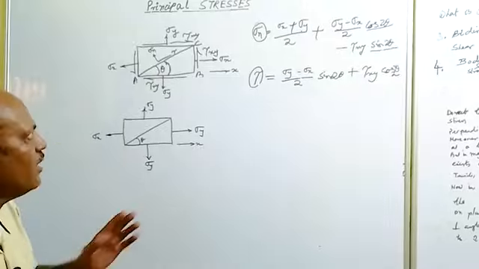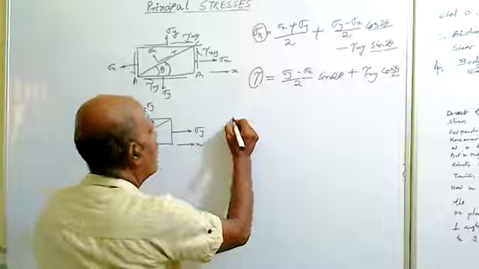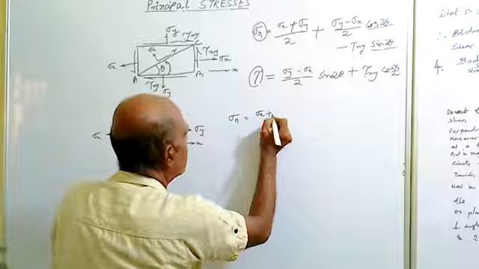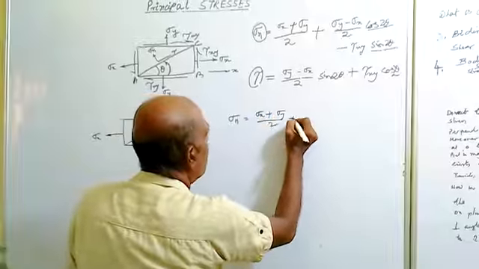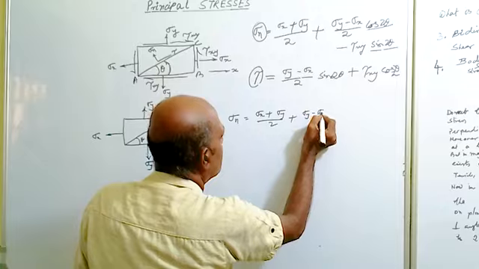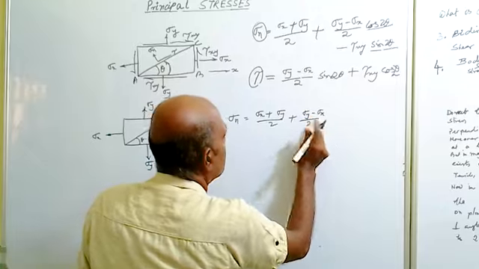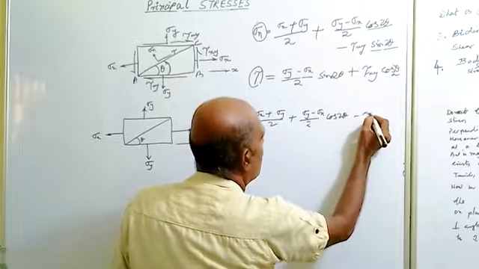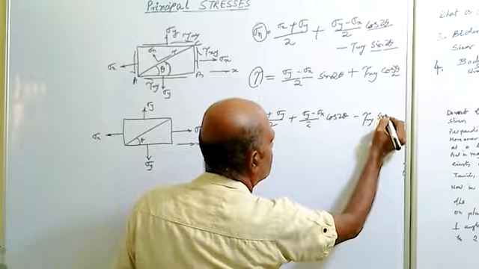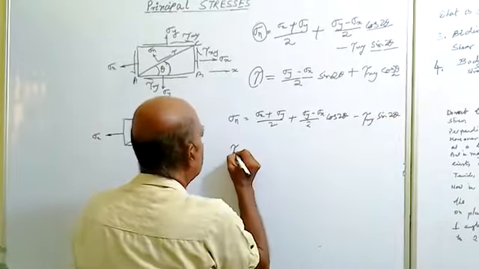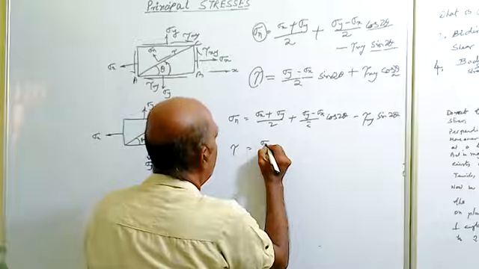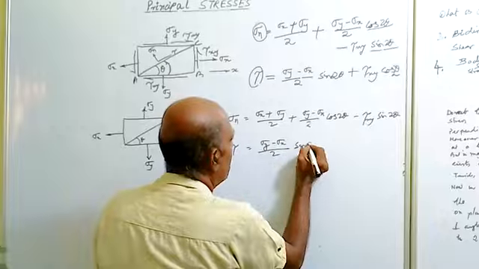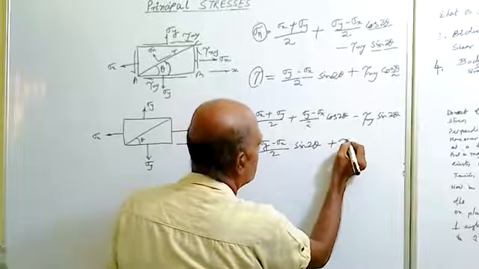Easily we can obtain it, so for this case we have sigma n equal to (sigma x plus sigma y)/2 plus (sigma y minus sigma x)/2 cos 2 theta minus tau xy sin 2 theta, and tau equal to (sigma y minus sigma x)/2 sin 2 theta plus tau xy cos 2 theta.